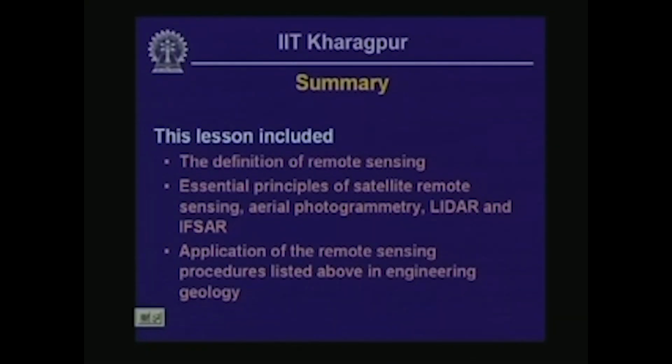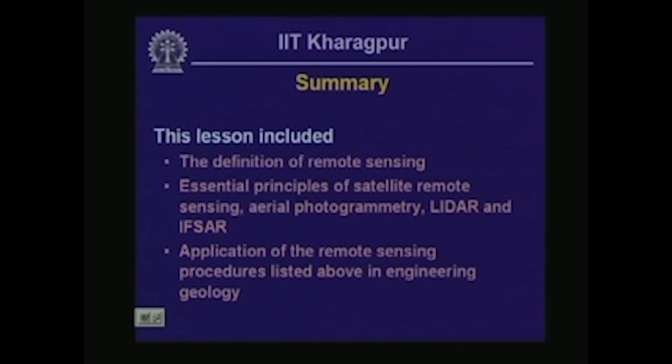Okay. Now we have more or less covered in a nutshell what are the different types of remote sensing techniques used in engineering geology, and how the information obtained from these different techniques is used in different fields of engineering geology.